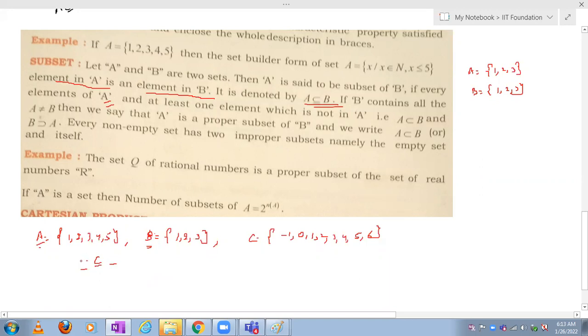Sir, A and B are subsets of C. A is a subset of C. Yes, correct one, A is a subset of C. Now between A and B, B is a subset of A. Every element of B is there in A. Next, about B and C, what can you say?